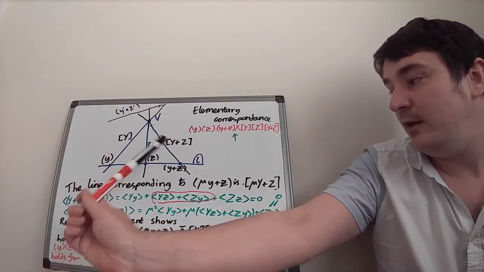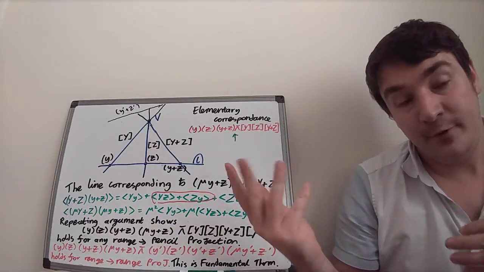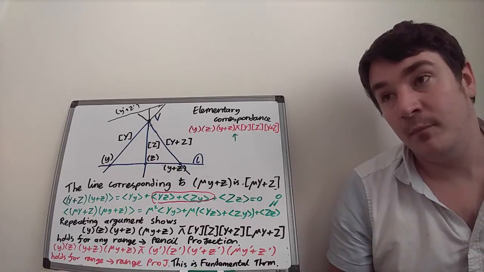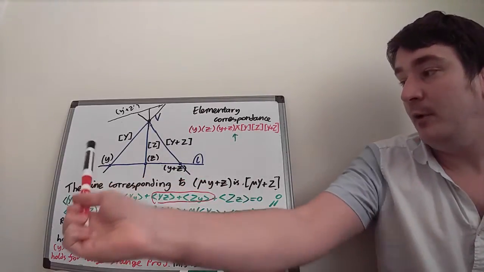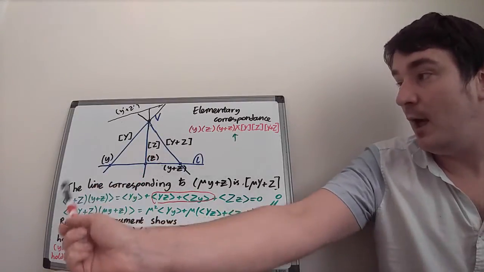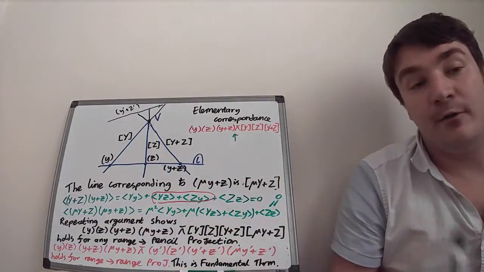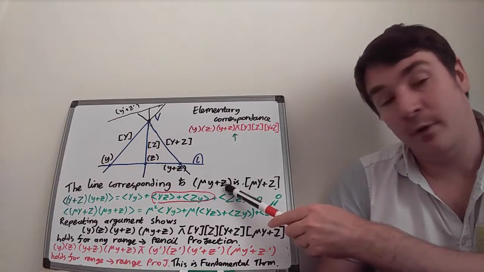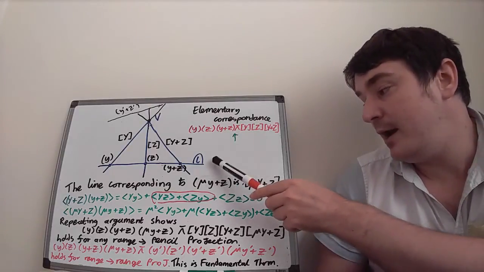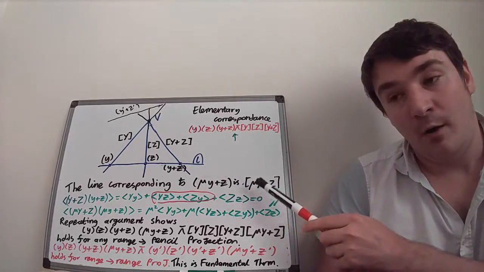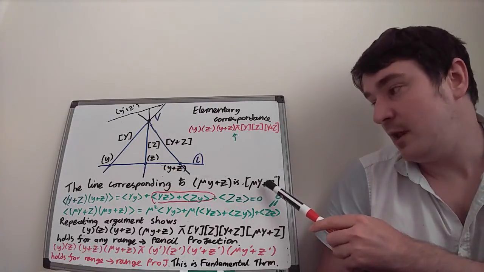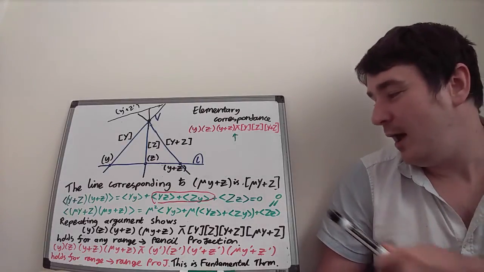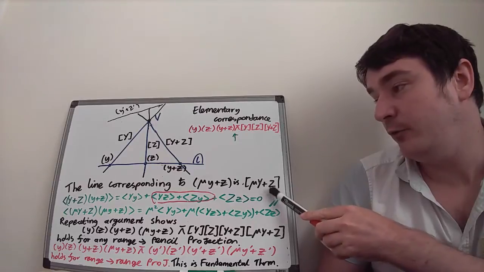Little y, little z, and little y plus little z, they're three distinct arbitrary points on this line L. And we're saying we know, in an arbitrary way, how these points are put into elementary correspondence with lines through V. And from that, we're getting a statement here about the image of a generic point on the line L. And we're saying we know what that point corresponds to, which line that corresponds to, and it's this. Basically using the same parameter, almost identical expression. But how do we show that this holds?